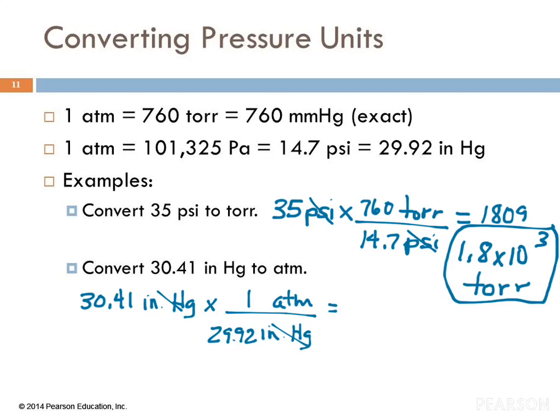Units work out. 30.41 divided by 29.92. 1 point, how many sig figs should we have? 4. 1.016 ATM. That's atmospheres, not an automatic teller machine. There's no money involved. Any questions?